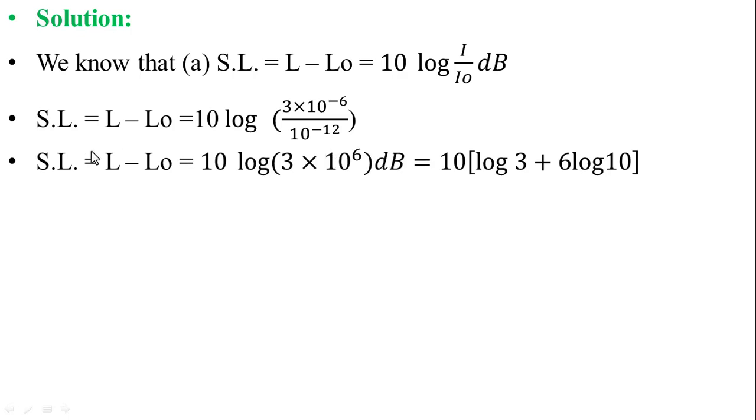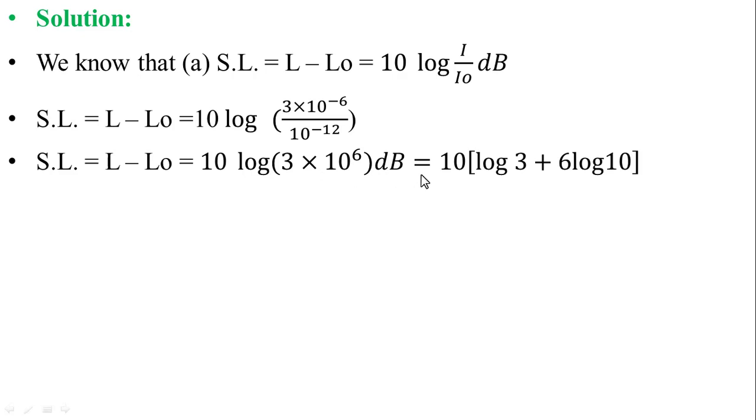Now we have sound intensity level L minus L naught is equal to 10 log of 3 multiplied by 10 raised to power 6. So we apply the logarithm rule: multiplication becomes addition, and the power comes to the front of the log.